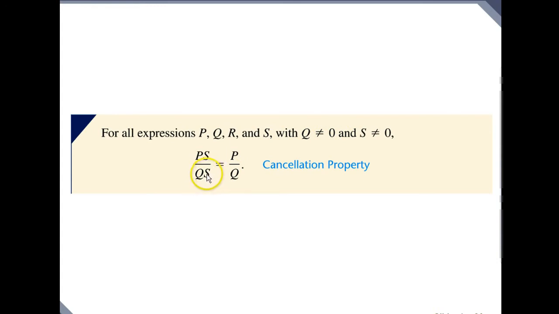That would be undefined. So what do we do? Well, we see we have a common factor here. We can cancel out this common factor of S. That becomes a 1, and we get P over Q. This is simplifying fractions that have common factors in them.